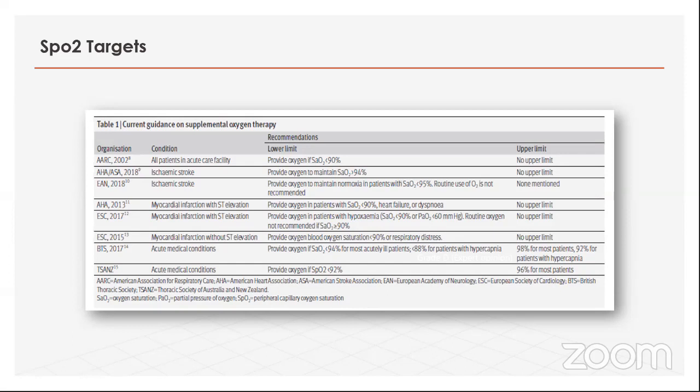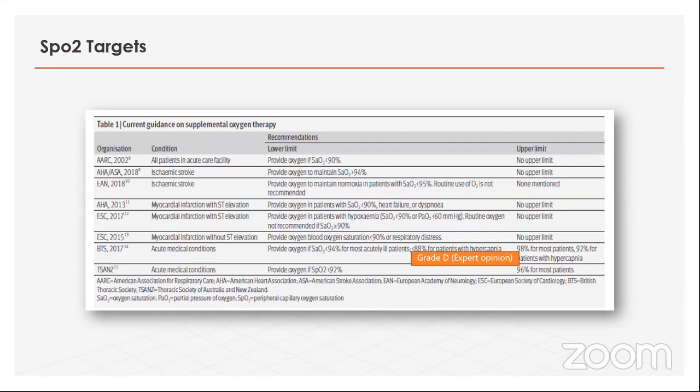But even the most common, less than 94, which is the somewhat higher threshold of the BTS, British Thoracic Society, has grade D evidence. So it's an expert opinion. So at the end of this, you will not find a solid lower limit, but the upper limit of more than 96 is strong evidence. You should not go there. The lower limit you can still debate about, and most of them are almost the same.